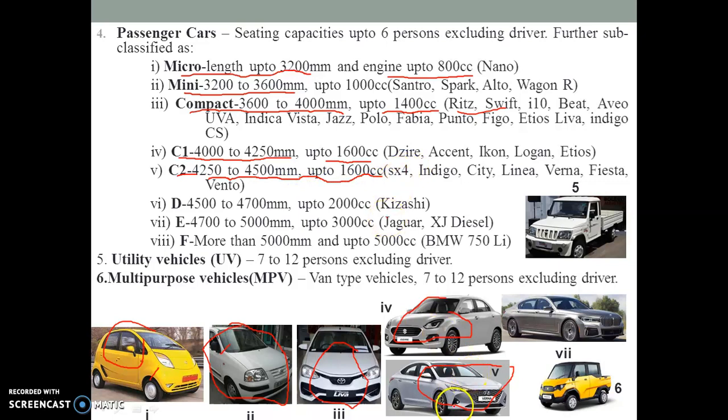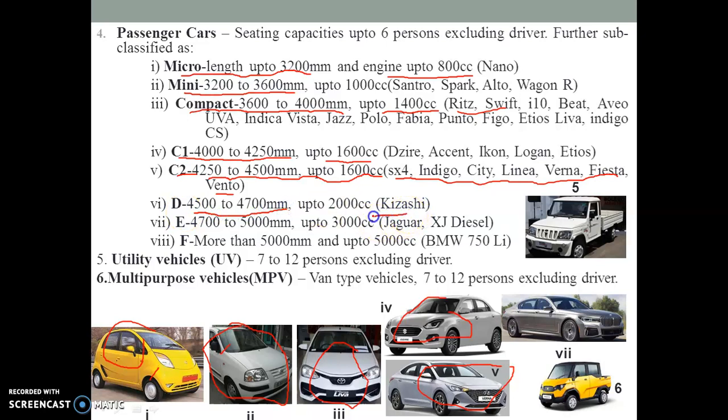Here I use Verna, but other cars are also in this category, such as Indigo, Honda City, Linea, Fiesta, and Volkswagen Vento. In the next category, D, the length is 4500 to 4700 mm. The Kizashi car is there.